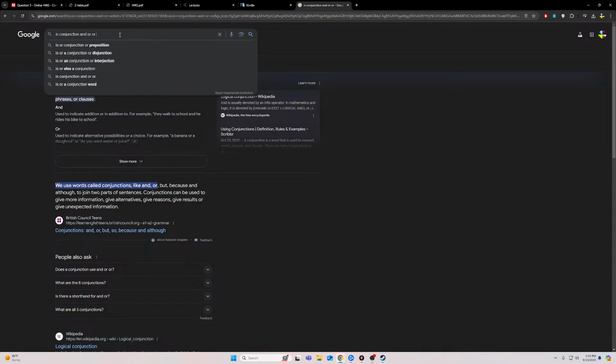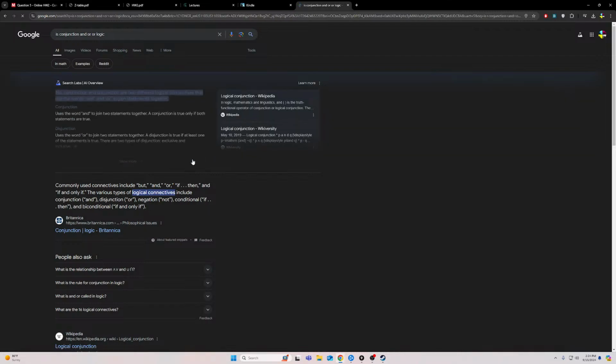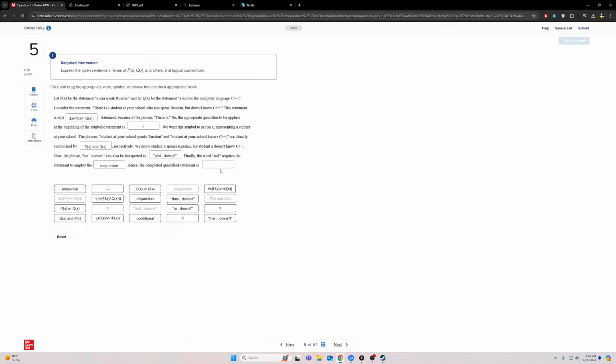Conjunction is and, disjunction is or, negation is not. Okay, that's what I thought. Hence, the completed quantified statement is the same thing.